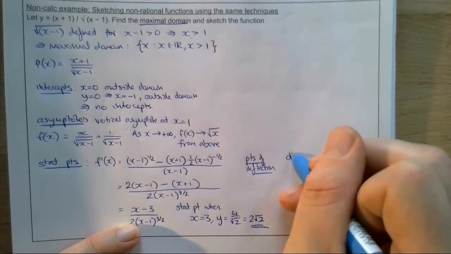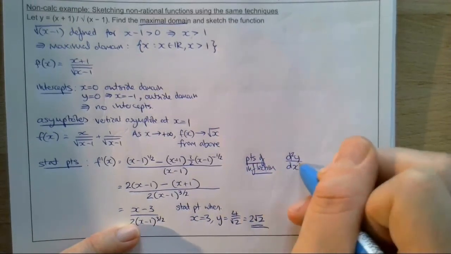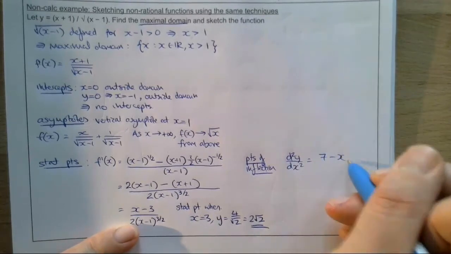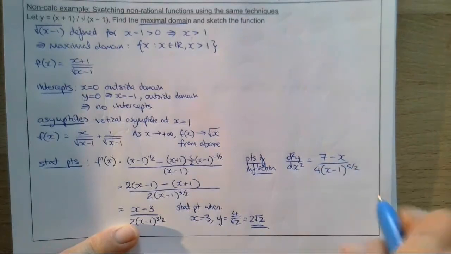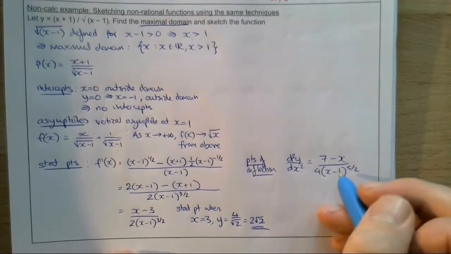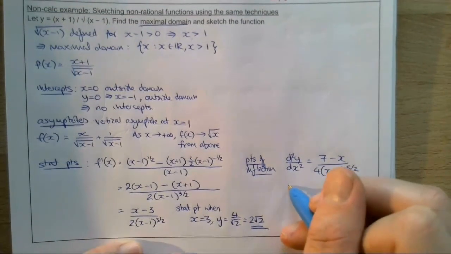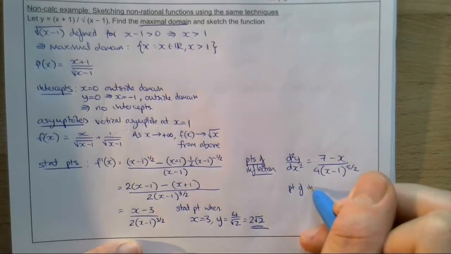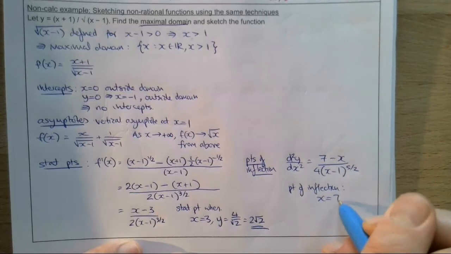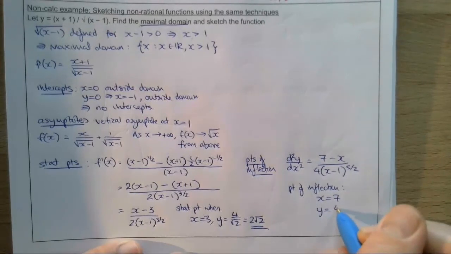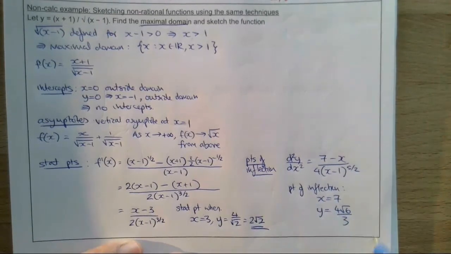But d2y by dx squared, the second derivative, well, that's 7 minus x over 4, x minus 1 to the power 5 over 2, just cutting the steps. So what you get is a point of inflection, only 1, when x equals 7, and if you substitute that in, you get 4 root 6 over 3.